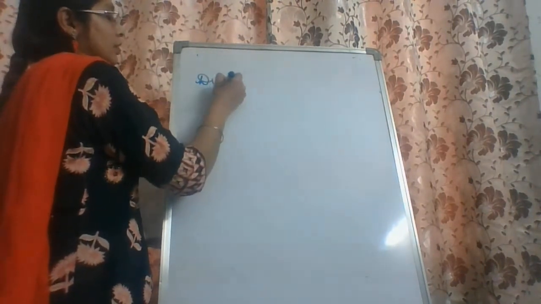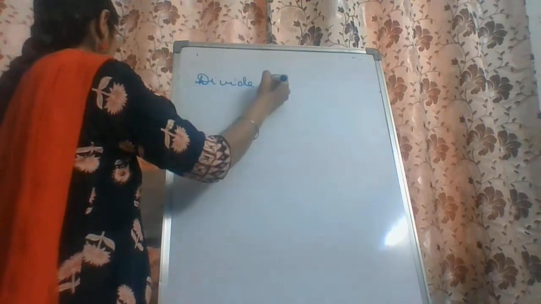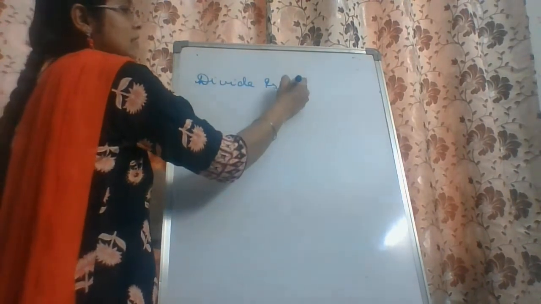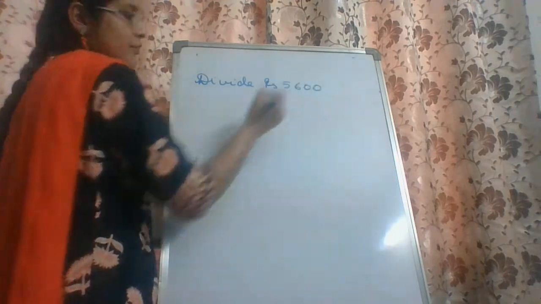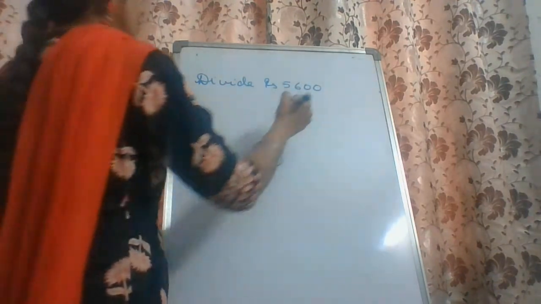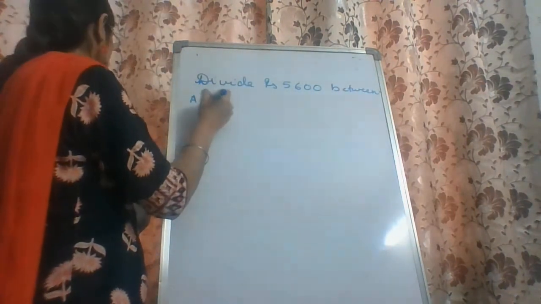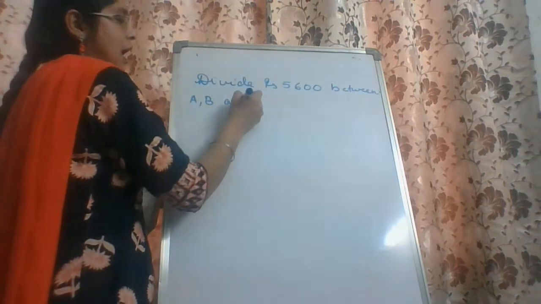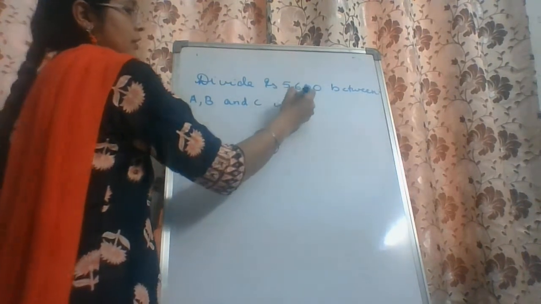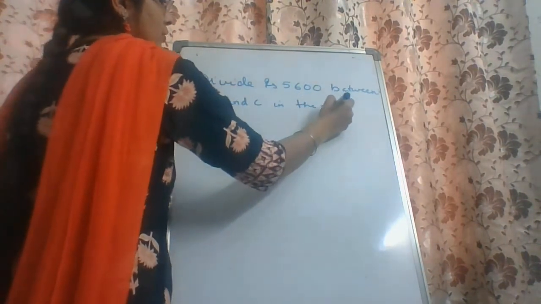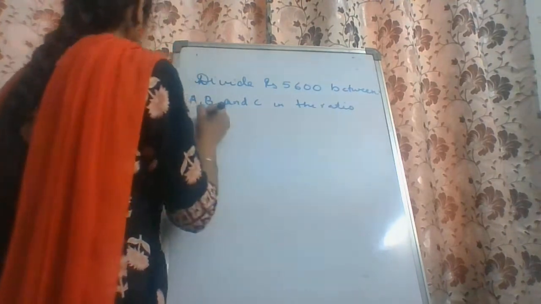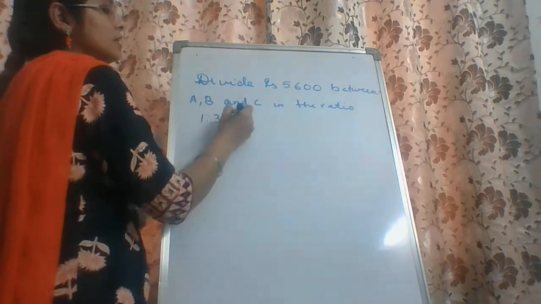Divide rupees 5600 between A, B and C in the ratio 1 is to 3 is to 4.